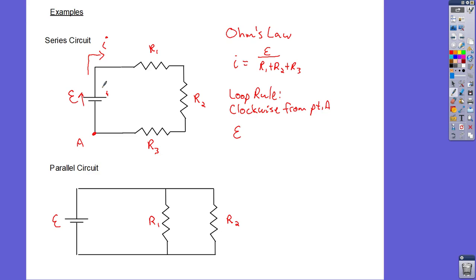And then as we're going in the direction of the current, we're going to have potential drops as we go through the resistors. So that's EMF minus IR1 minus IR2 minus IR3 is equal to 0.